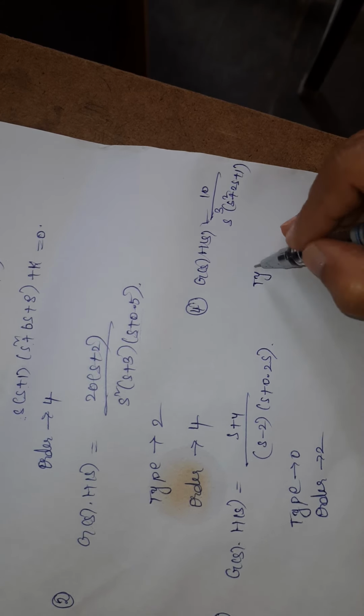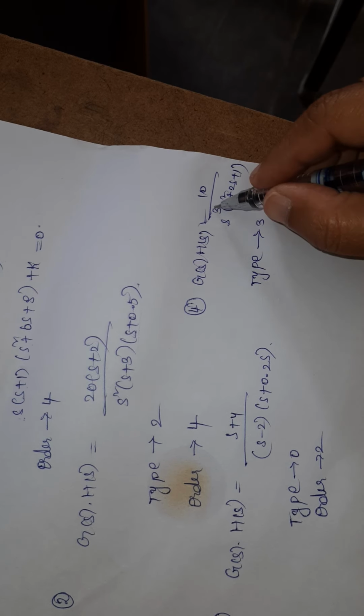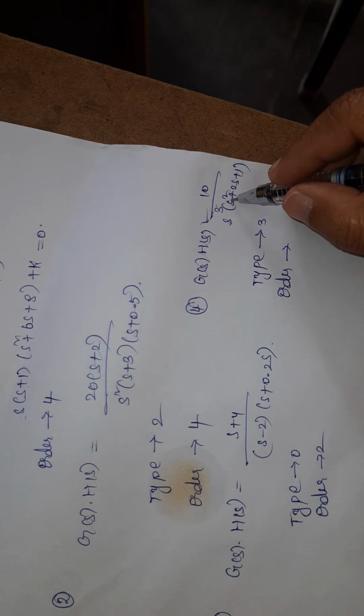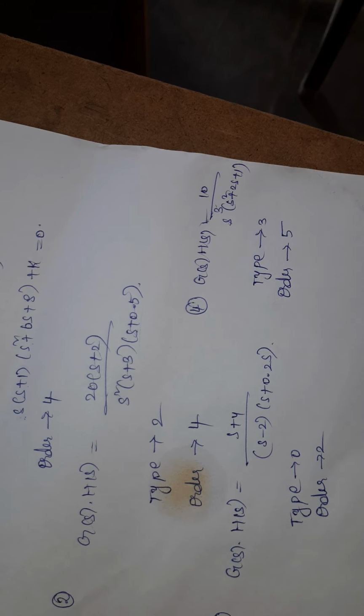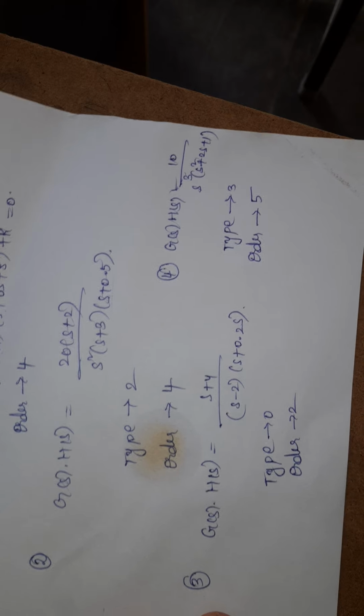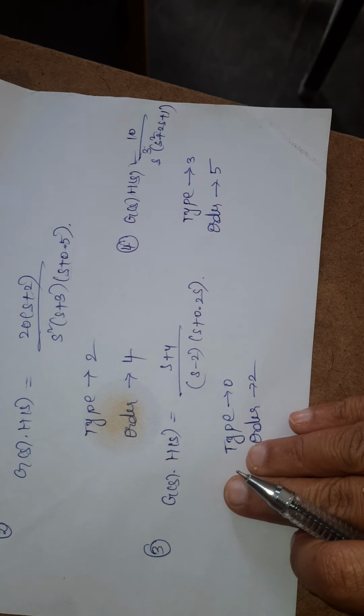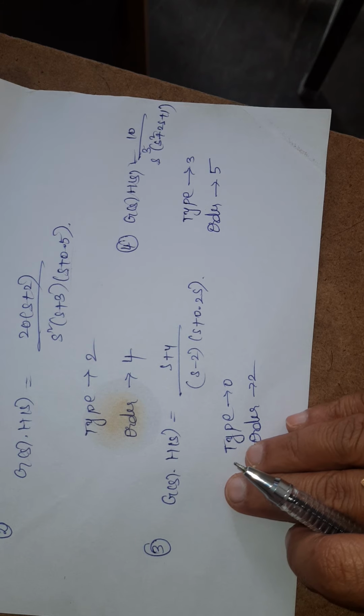So here type is 3, s cube I am having here. And what is order? s cube into s square, total 5. Order 5. So like this, we have to calculate the type and order by observing the transfer function.